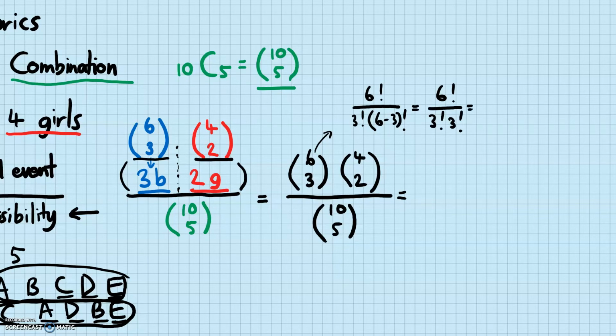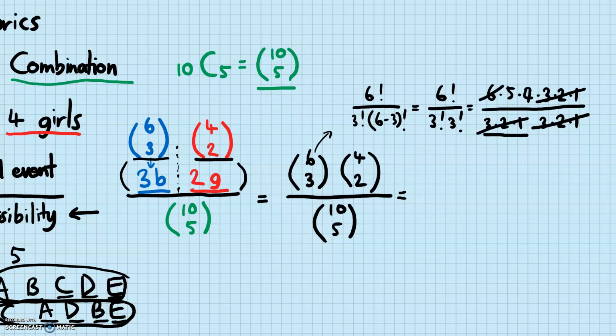And if we expand the numerator, 6 times 5 times 4 times 3 times 2 times 1, and then we have 3 times 2 times 1, and then 3 times 2 times 1. The 3 factorial part from the numerator can be cancelled with one of the 3 factorials in the denominator. And you can see that this equals 6, so this can cancel with the 6 here.